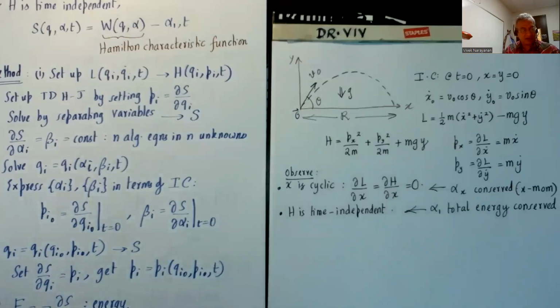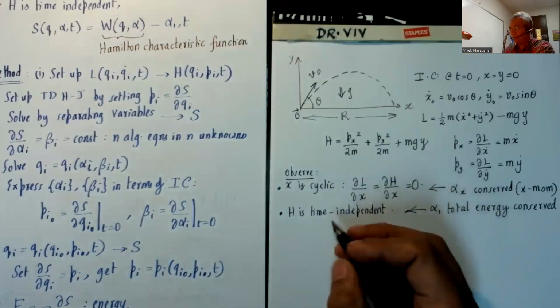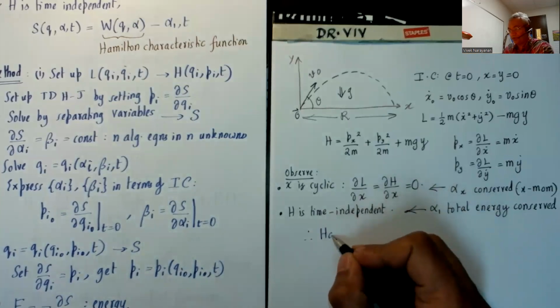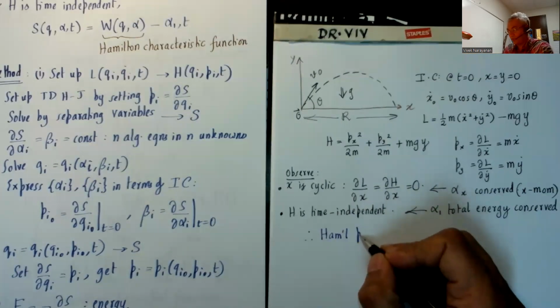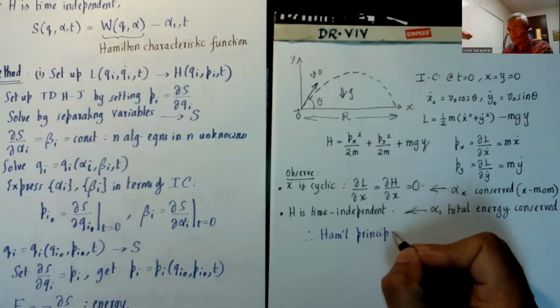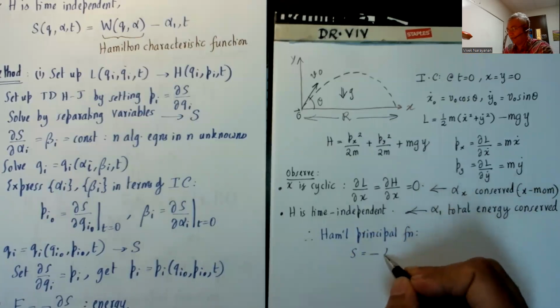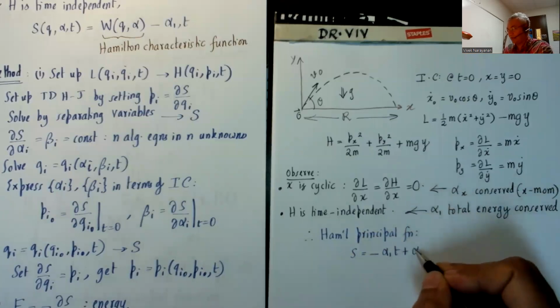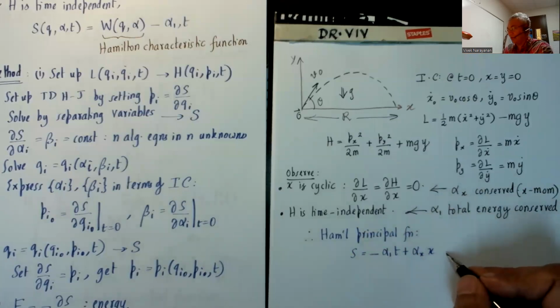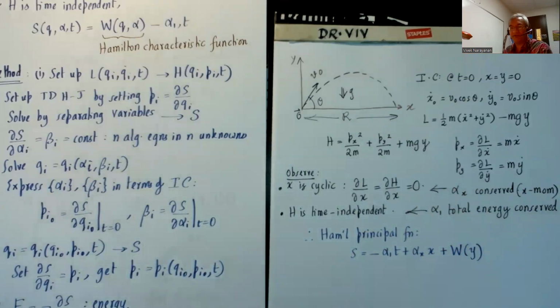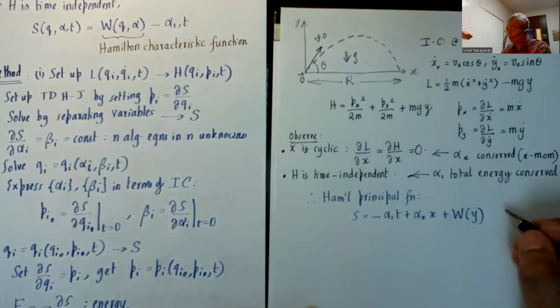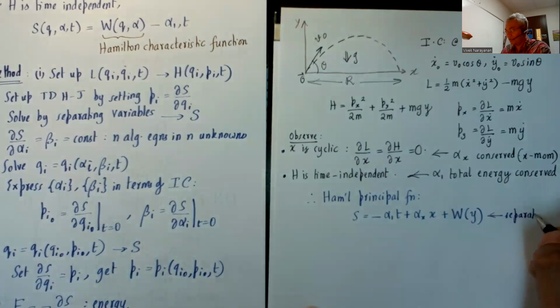So I can write my Hamilton principal function S as equal to minus alpha 1 t plus alpha x x plus the Hamilton characteristic function, only W of y. That is what you get from the separability ansatz that I discussed earlier.